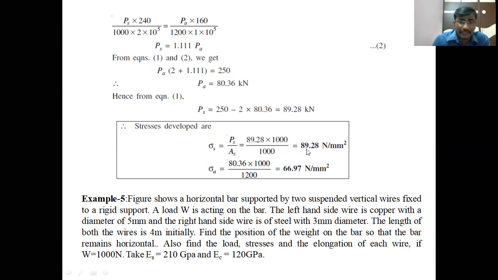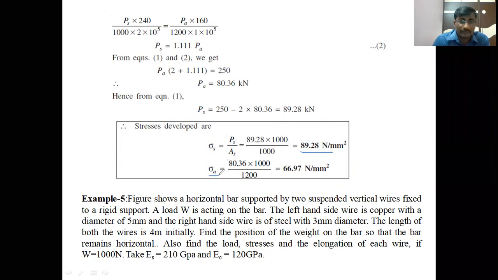Finally, we get the stress in the steel material as 89.28 newtons per mm square. 89.28 into 1000 is the newtons, and 1000 mm square is the cross-sectional area, so we get newtons per mm square. This is the stress induced in the steel pillar, 89.28 megapascals.